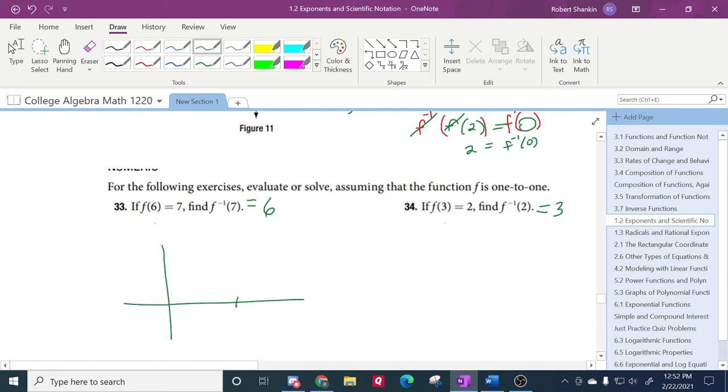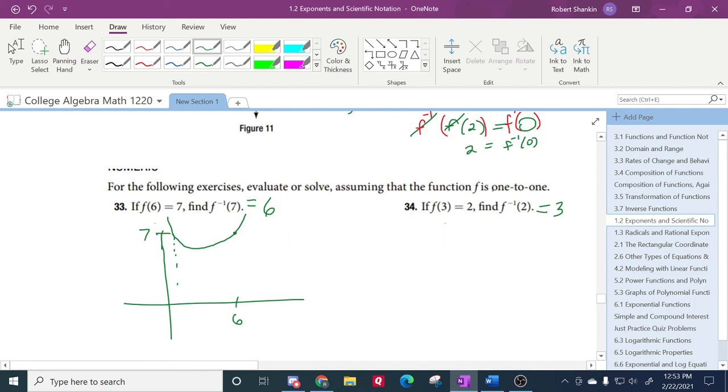When the input is 6, the output is 7. Like this. Now, when the output is 7, what's the inverse? Well, if this function had not been a 1-to-1 function, suppose it was like this, so it does not pass the horizontal line test, then there would be 2 inputs, an input over here as well, that would have had a height of 6.